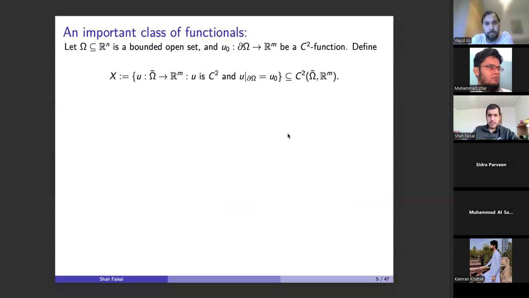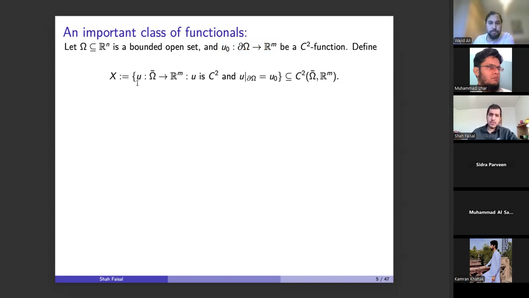So before I do that, I will consider a class of functionals which are very important. I mean, you can write down a lot of them, but the most important ones are the following. So if you take a domain omega in Rn, and suppose the boundary is smooth enough, and then you take a given function u naught, which is a C2 function, twice differentiable.